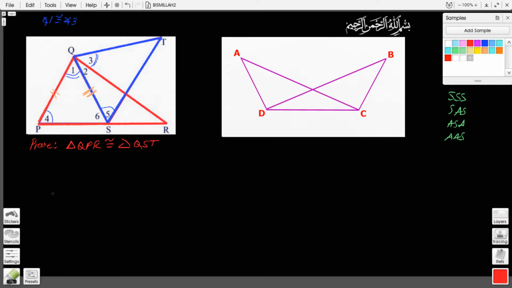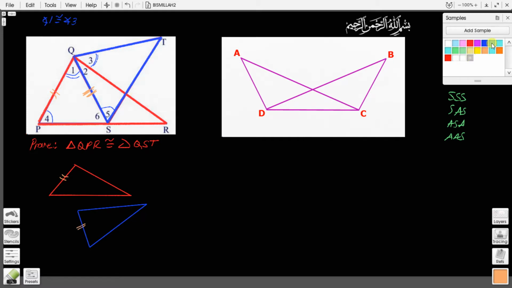Now, I'm going to draw these triangles separately. There's one of them here, and then I'm going to draw this blue triangle over here. I kind of separated them out. So I am given that this is congruent to this, so I've got one side.